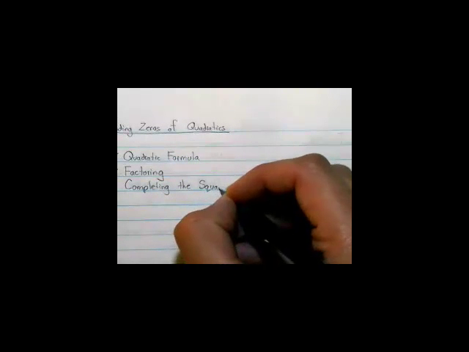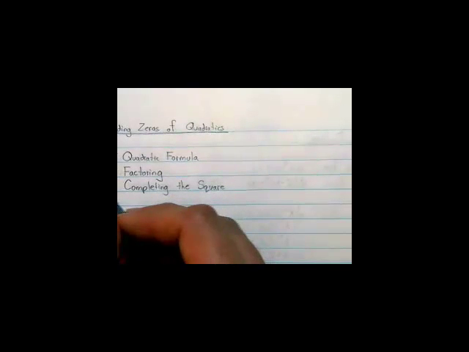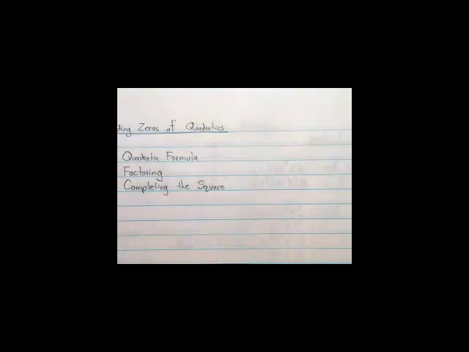Now there are some other methods that you guys did, which we are not going to generally look at, but still work. One was completing the square. Okay, it works, but the thing is it's messy and easy to make mistakes. Quadratic formula, I think, is a little bit more straightforward and reliable.